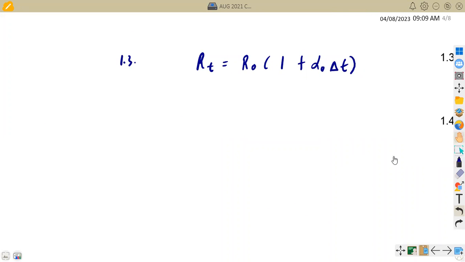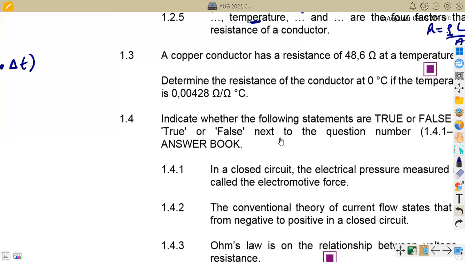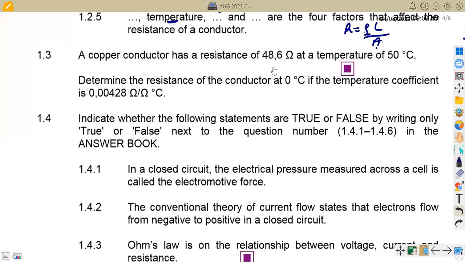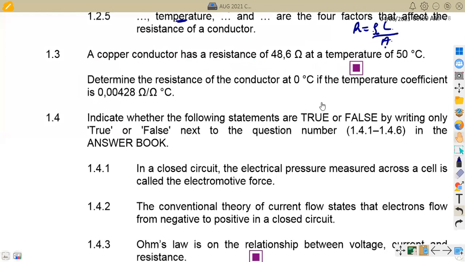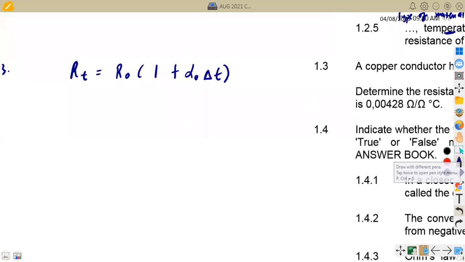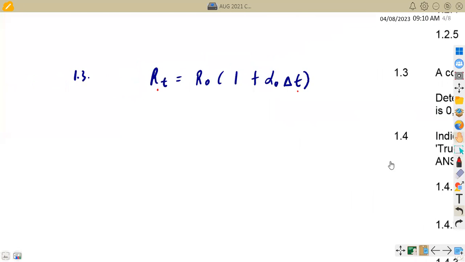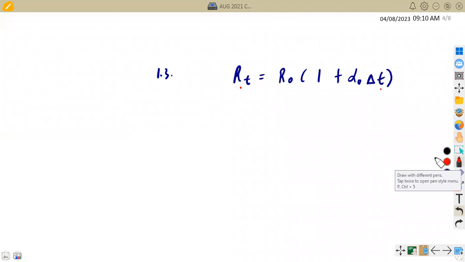So we are given that a copper conductor has a resistance of 48,6 ohms at 50 degrees Celsius. This is the resistance corresponding to a temperature of 50. So this is going to be 48,6.